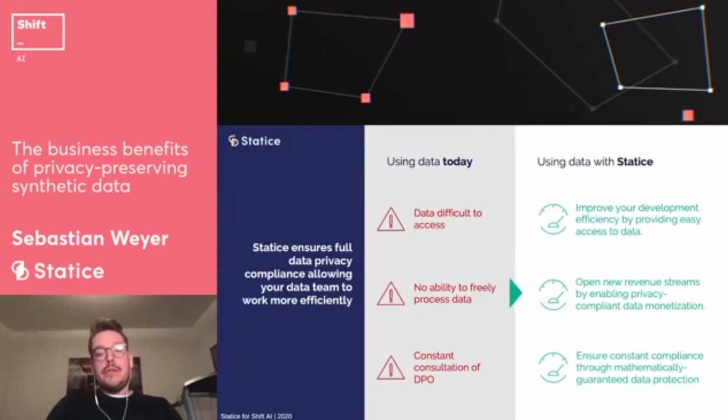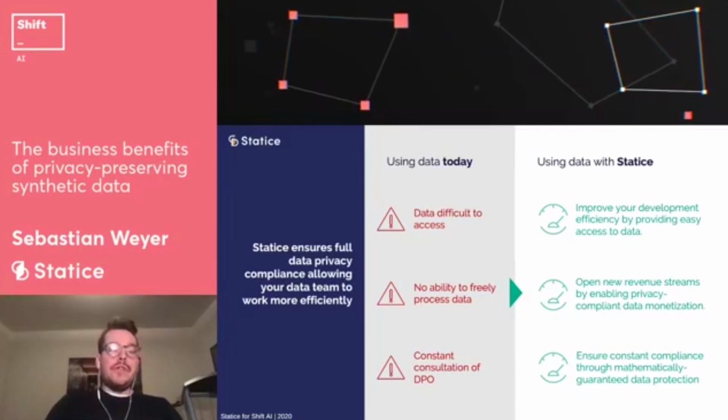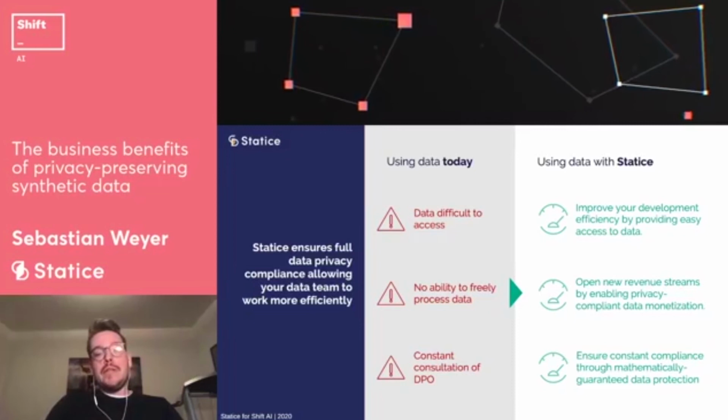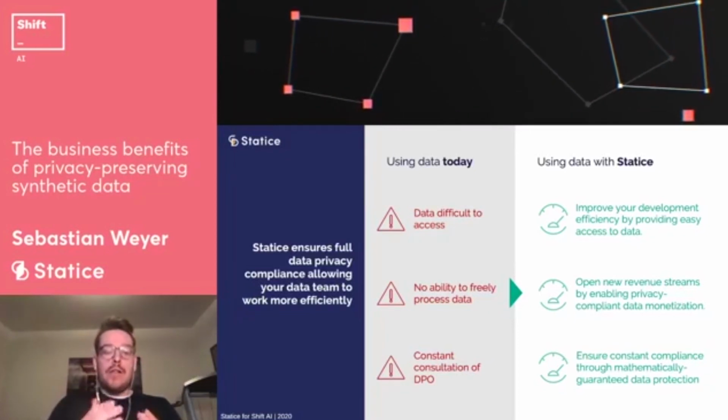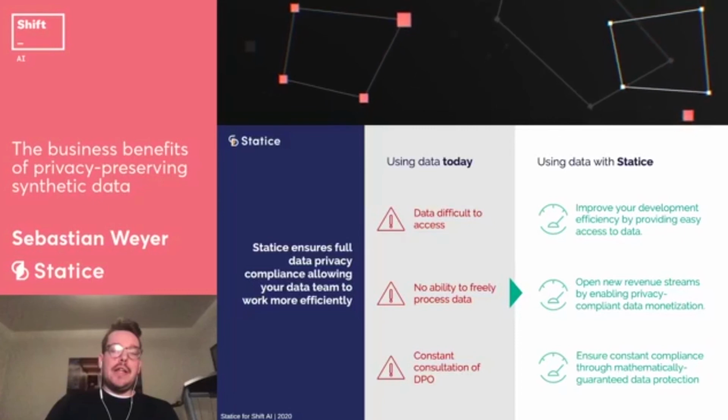The ability to do this results in quicker and improved development efficiencies for the use of data, the potential of opening up new revenue streams for companies, but of course also ensures compliance along the whole data value chain from where the synthetic data is used for further analyses.